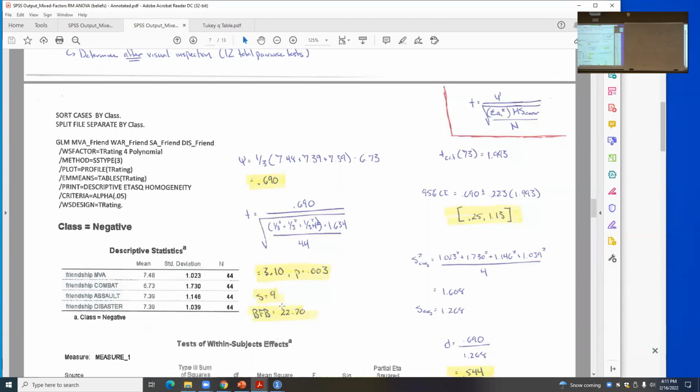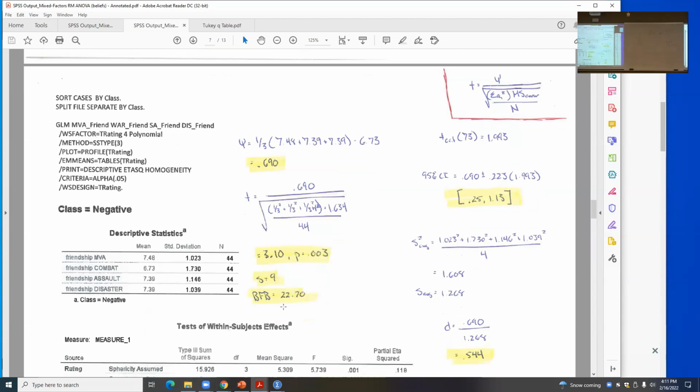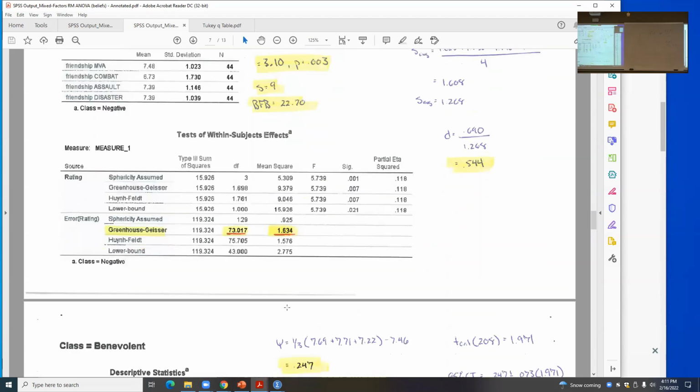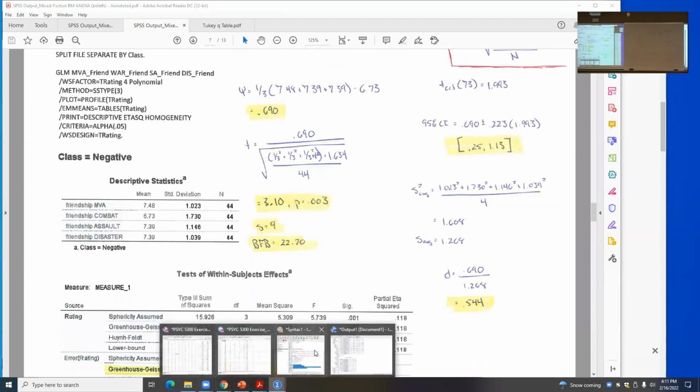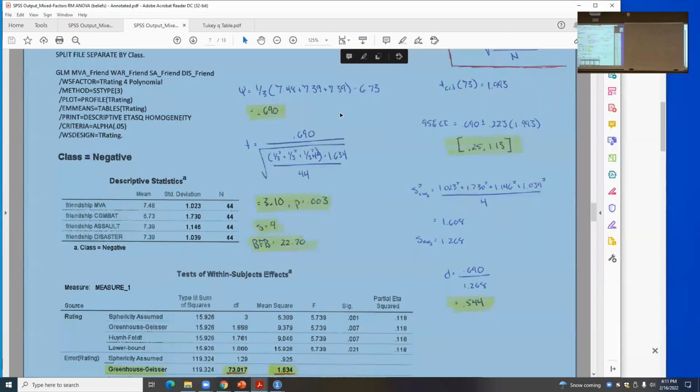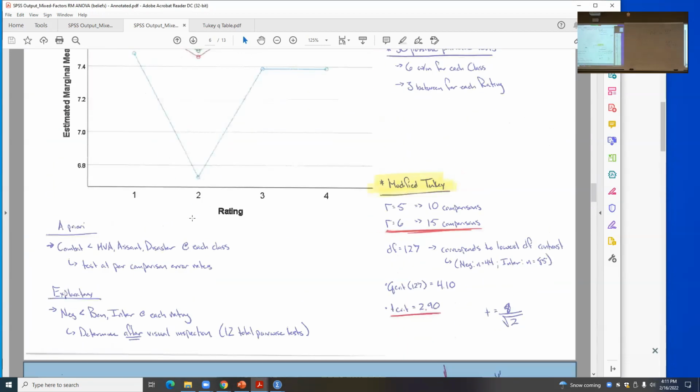First thing I want to do is run my a priori contrasts, right? These are my within subjects contrasts. This is where I'm saying, you know what?